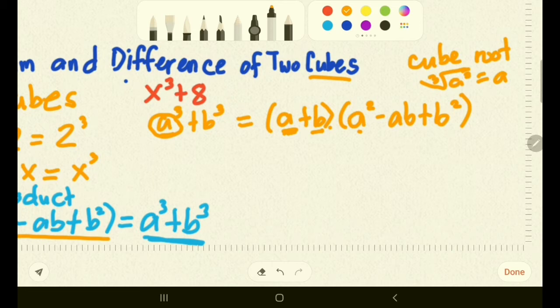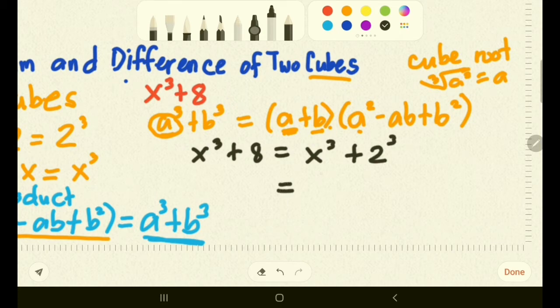Okay, let's take a look. You have here x cubed plus 8. We first express each term to the power of 3: x cubed plus 2 cubed. Then do the pattern.